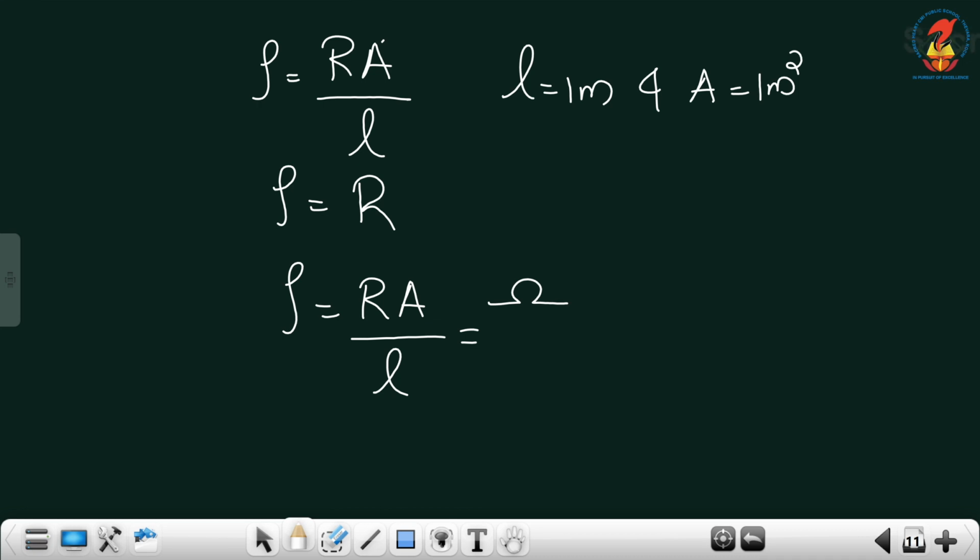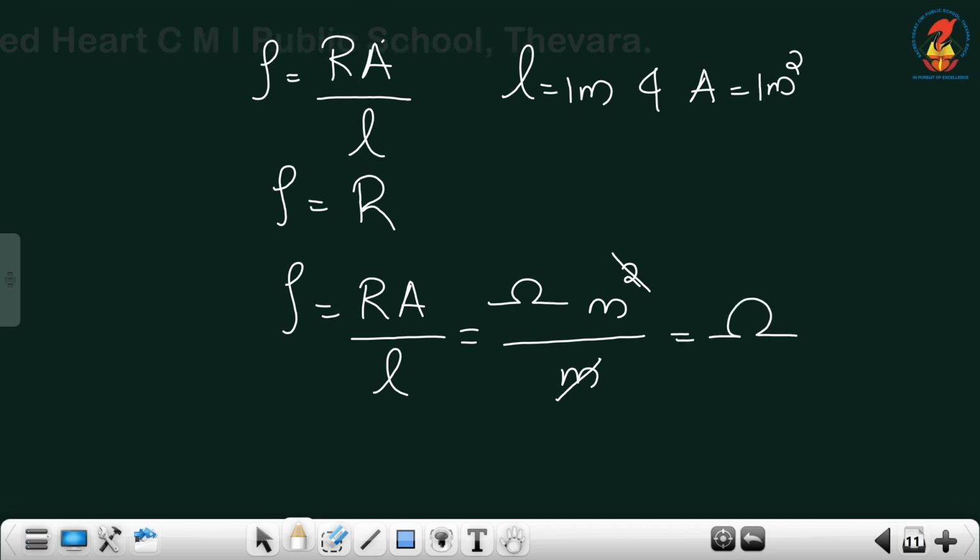Then area, SI unit is meter square. Now, divided by length, SI unit is meter. So, one meter will get cancelled. So, the SI unit of resistivity is ohm meter.